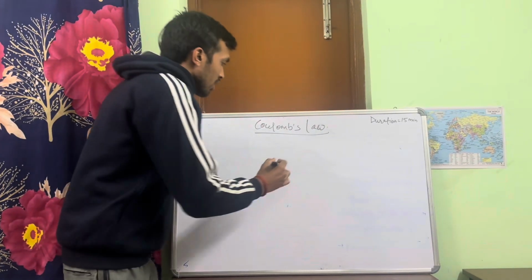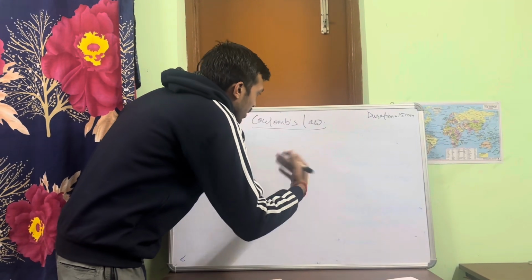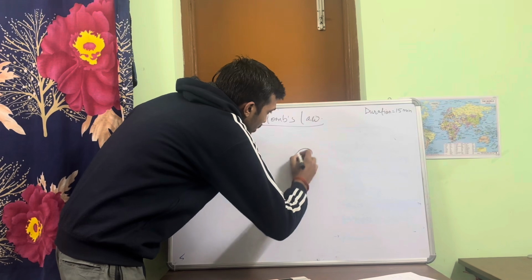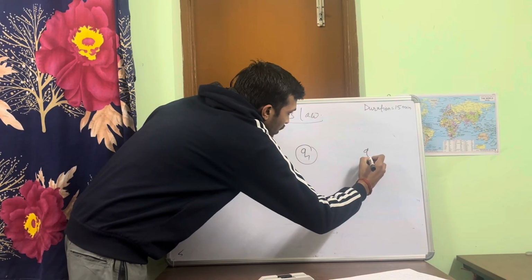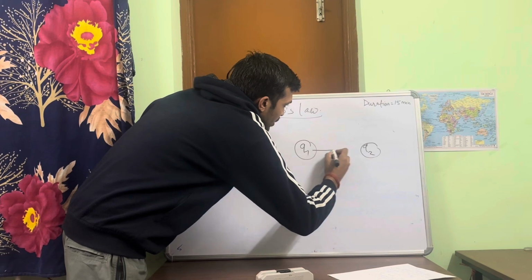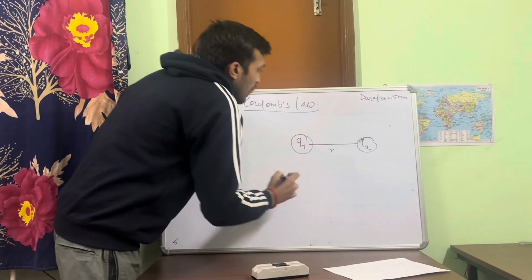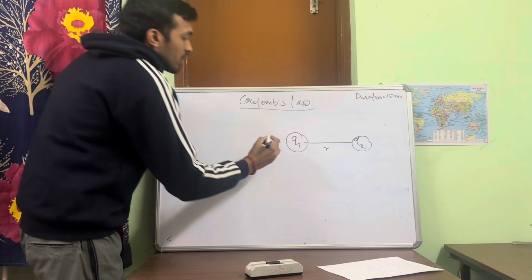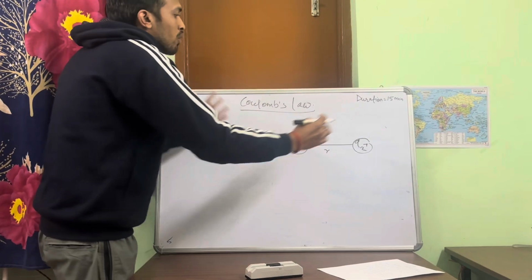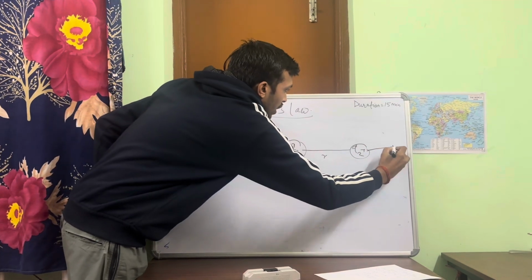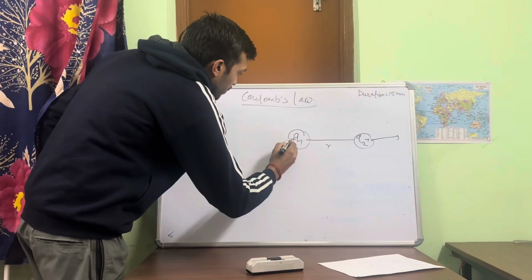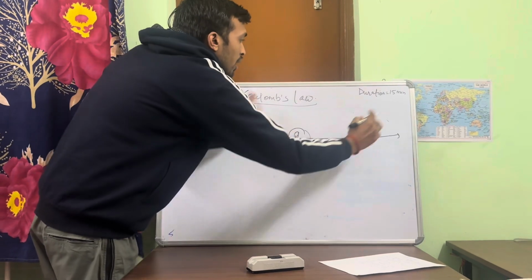Now coming to how we can see this: there are two charges Q1 and Q2 kept at some distance, let's suppose r. If the charges are of the same nature, let's suppose both are positive, then they repel each other. This is basically a line of force between them, and they will repel each other.